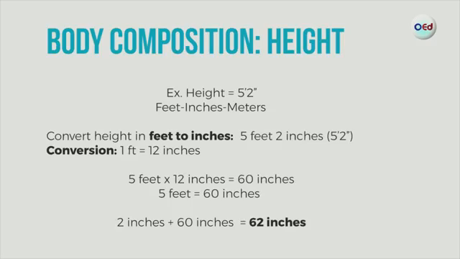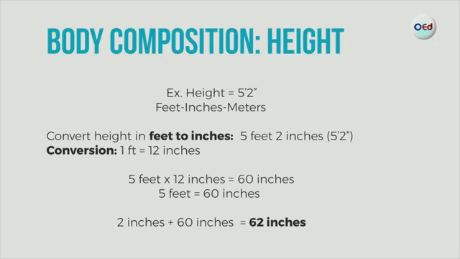You will be needing a calculator for this just to be sure that your answers are correct. Let's start with converting the height measurement of 5'2" into the inches unit of measure. Note that the conversion for 1 foot is equal to 12 inches. Therefore, the solution is 5 feet times 12 inches, and the answer would now be 60 inches.